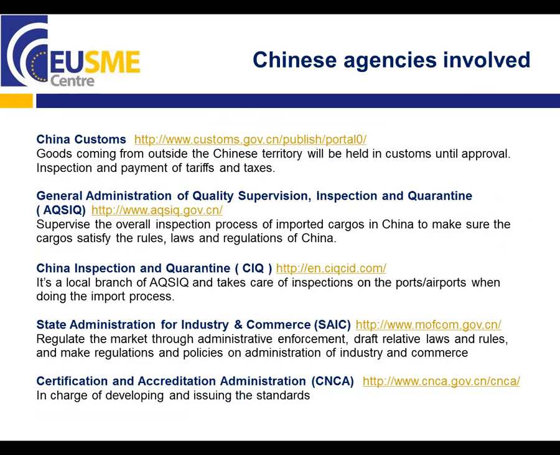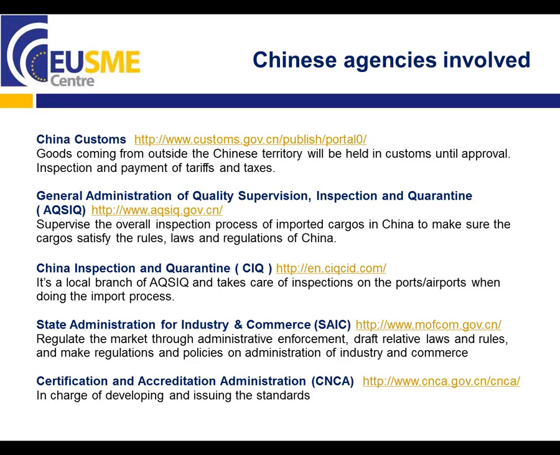Now, just for your reference, because you will be able to track this presentation afterwards online, if you want to have some idea of who is providing the information and how to access it, here you have the main Chinese agencies involved. China Customs, AQSIQ, please remember this one, the General Administration of Quality Supervision, Inspection and Quarantine, is the institution that you will have to pay more attention to, even more than customs, okay?